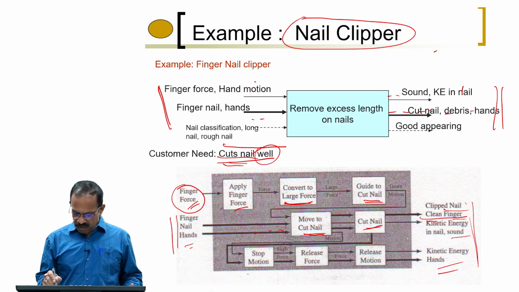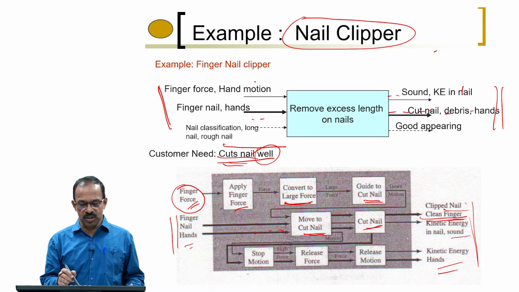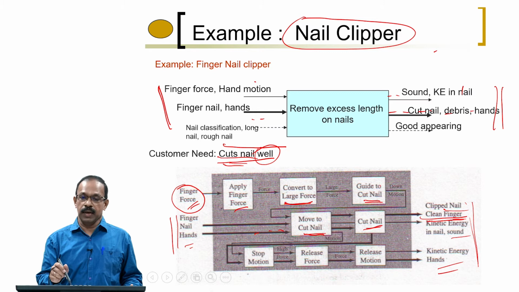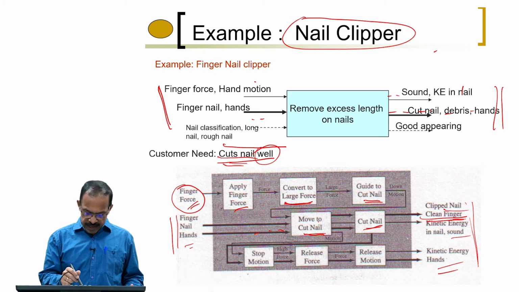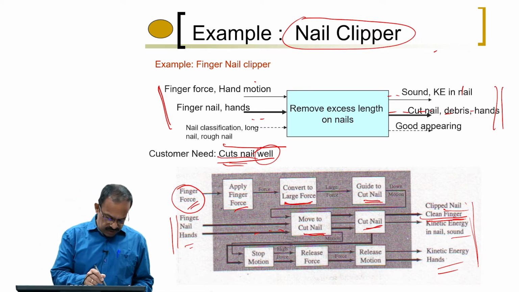So, that is what happens when you apply a finger force. First it will be converted to a large force and then it will be used to guide the blade edge to cut the nail, and it will move to cut the nail. And what happened to the finger, nail and hands?